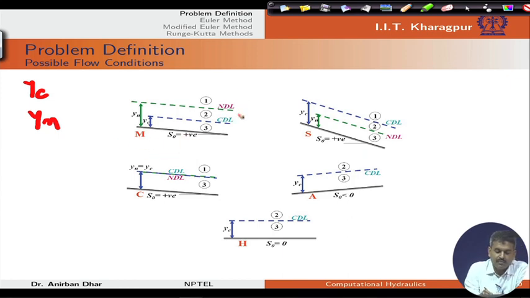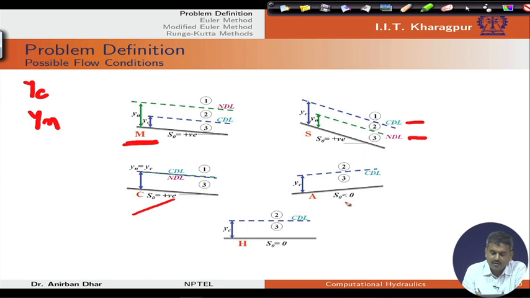If the normal depth line is above the critical depth line, then we call this condition a mild slope condition. If the critical depth line is above the normal depth line, we call this condition a steep slope condition, and if normal depth equals critical depth, in that condition we call this a critical slope.